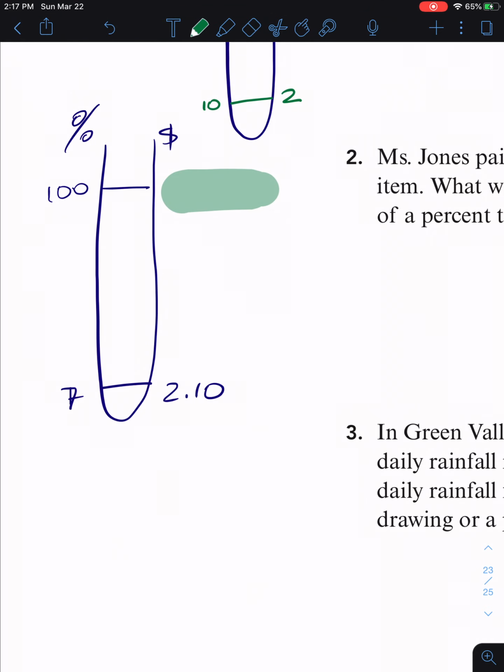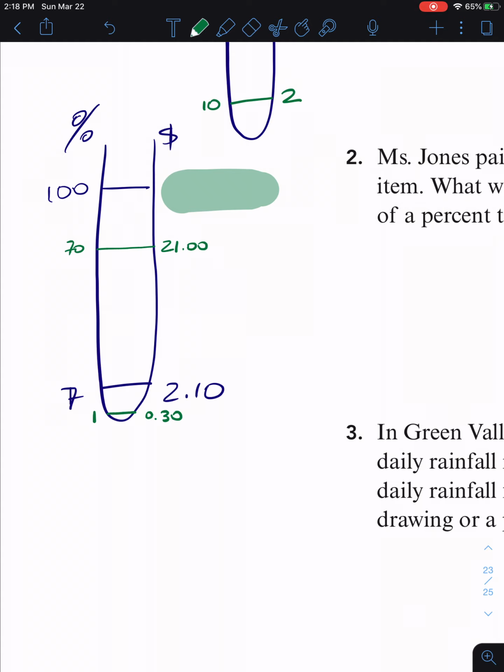7% is $2.10. Well, we could find 70% is $21. That's still not very helpful because we need another 30% to get to 100. But could we find 1%? Well, if 7% is $2.10, then 1% is 30 cents. So from 1% being 30 cents, couldn't we figure out 100%?